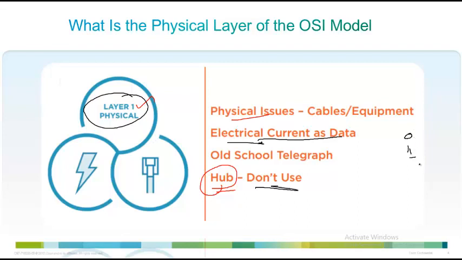We call this binary number. Using binary, the data are shared over the wire, the electric current. So when we speak about devices, there is a device called hub which operates in this layer. Before hub was amplifier and repeater.